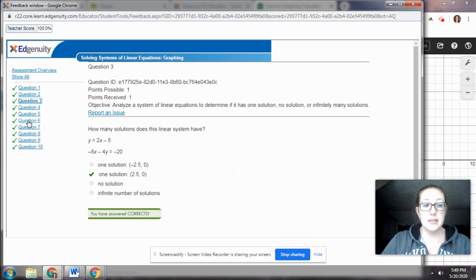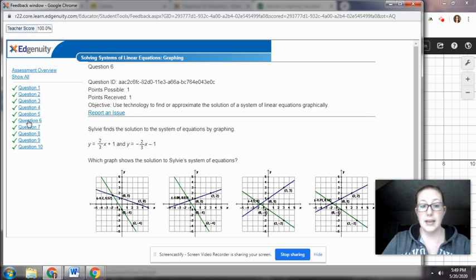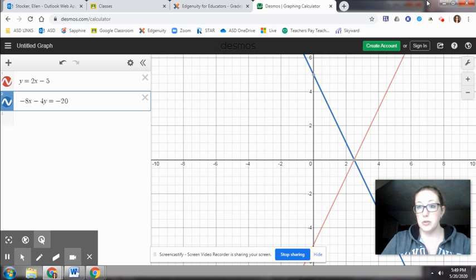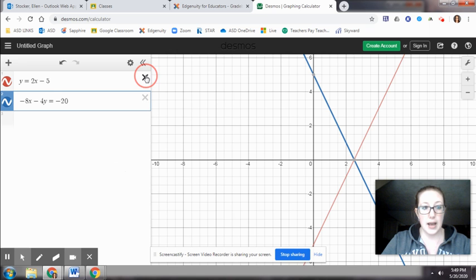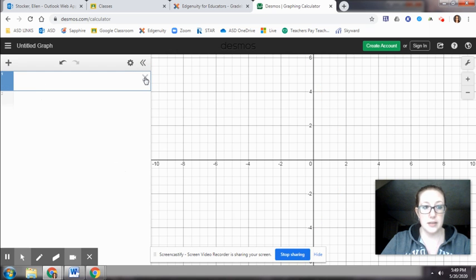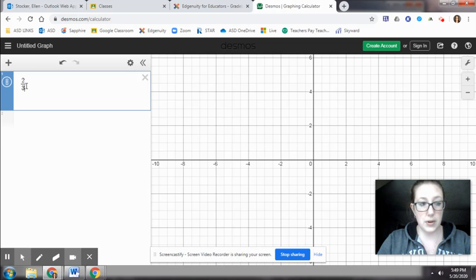We could do the same thing for number 6. They give you two equations, and you want to pick which graph it is. So we go to our Desmos calculator. We can exit and start again. The first equation for number 6 is 2/3 x. So we do 2/3, and then you have to right arrow over to get x.